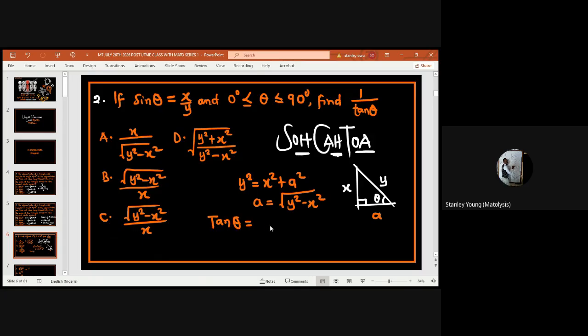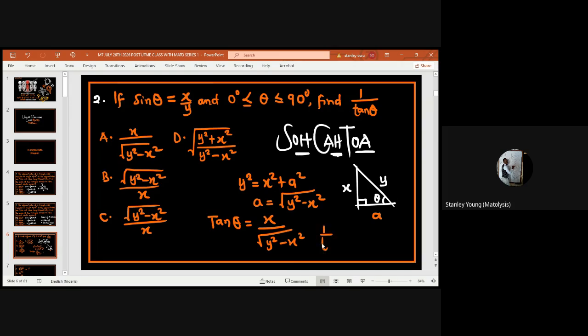First thing you should do is to get tan theta, which is opposite over adjacent. What's the opposite in this problem? x. The adjacent in this problem is a, and we have a equal to the square root of y squared minus x squared. And do not forget what we need is not tan theta actually. We need 1 over tan theta, so you have to reciprocate the answer.